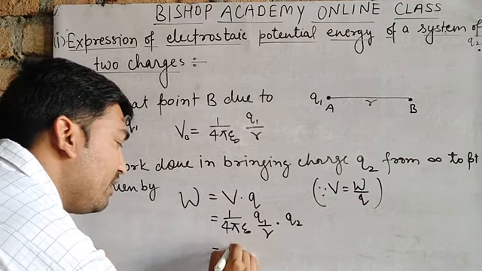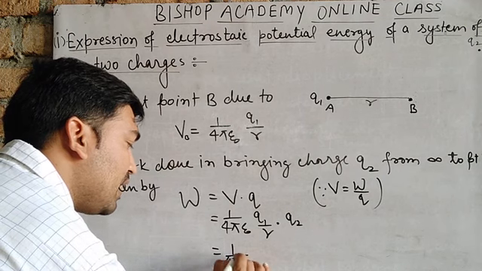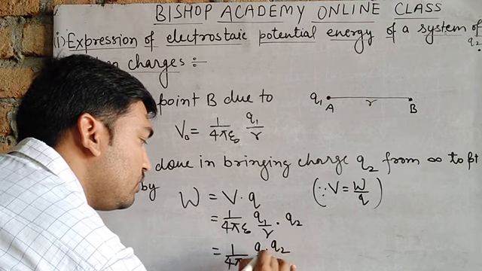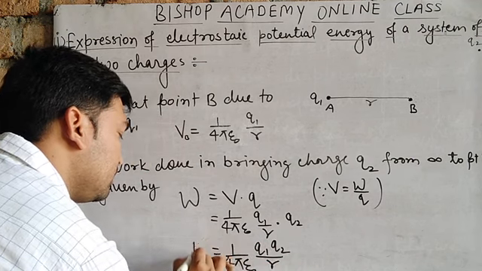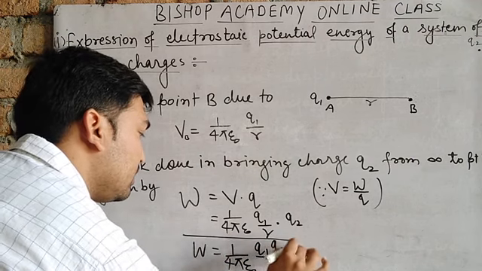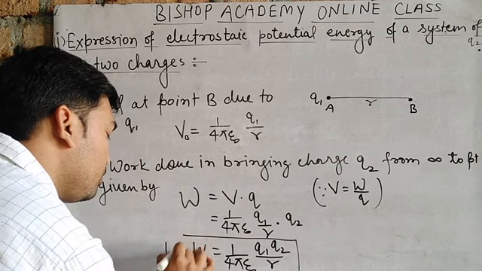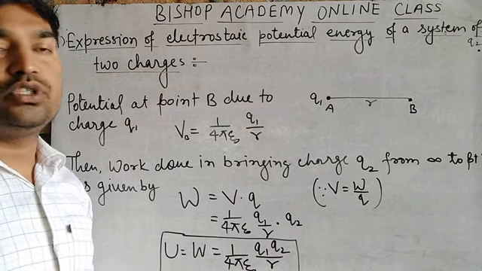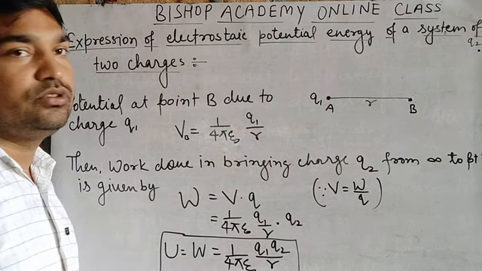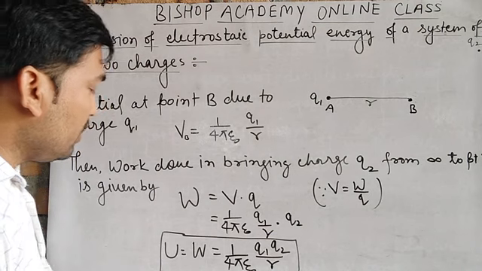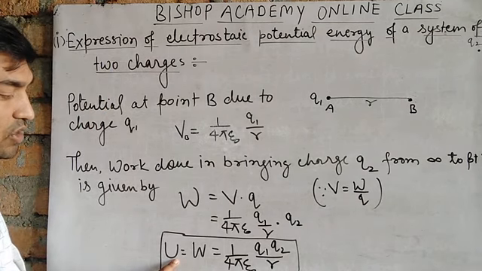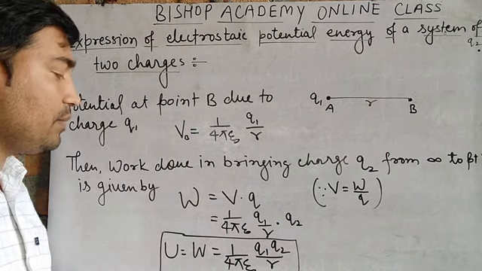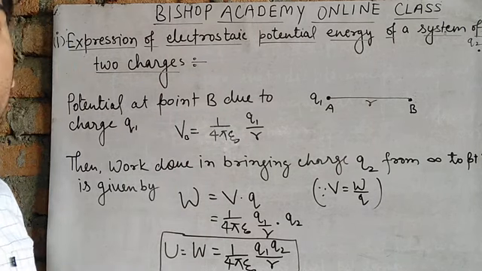And after solving, we have 1 upon 4 pi epsilon naught Q1 Q2 upon R. This is the work done, and it is also potential energy stored in the system of two charges. This is the electrostatic potential energy due to the system of two charges, which is 1 upon 4 pi epsilon naught Q1 Q2 upon R.